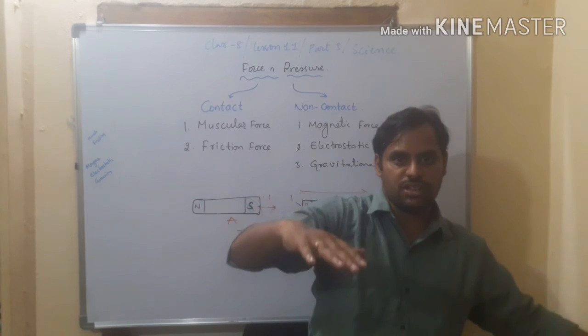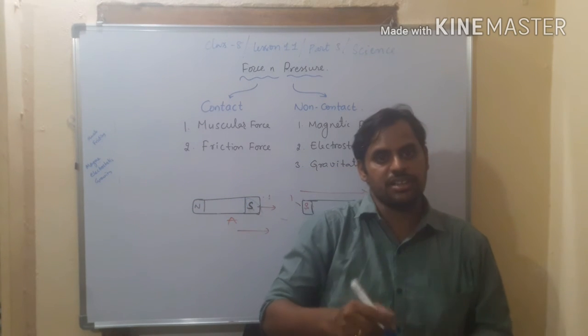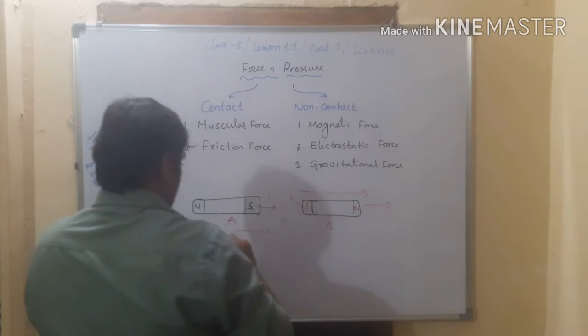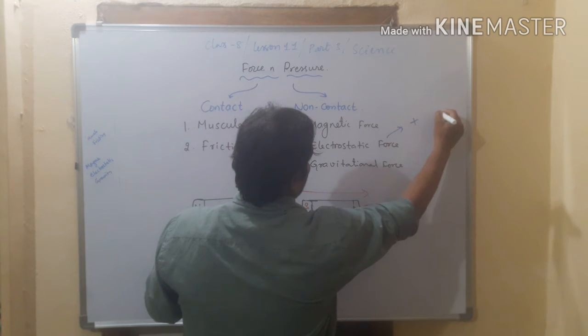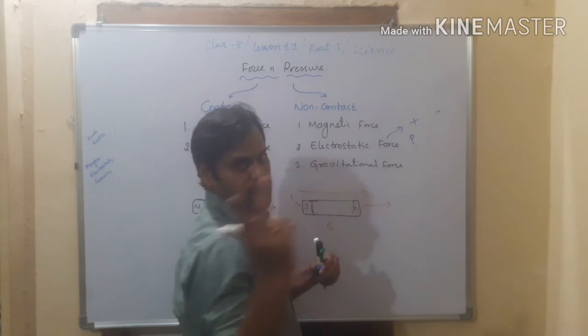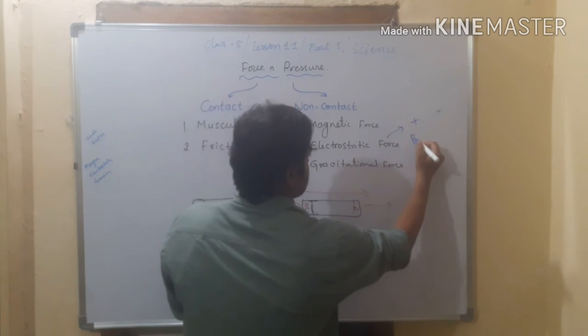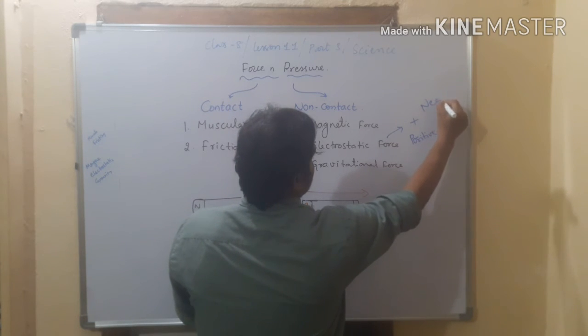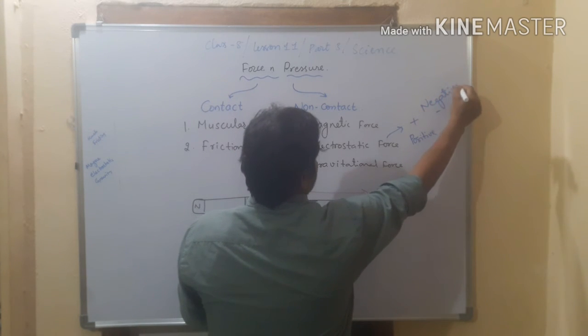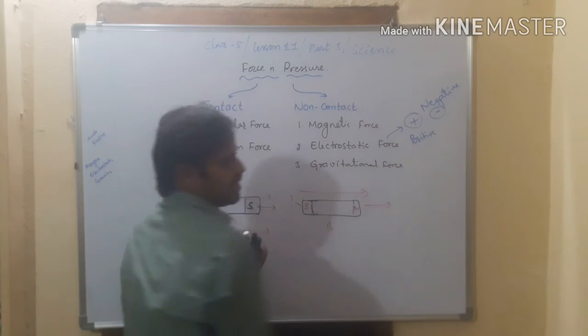Electrically they become charged when we rub against another object. And this electrically charged one may be positive or negative. There are two charges in electricity: positive charge and negative charge. Positive is shown by plus symbol, negative by minus symbol.